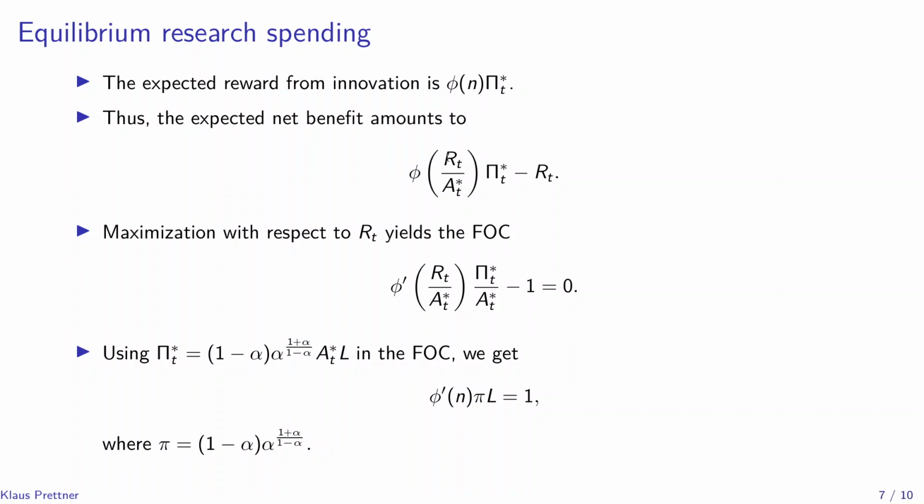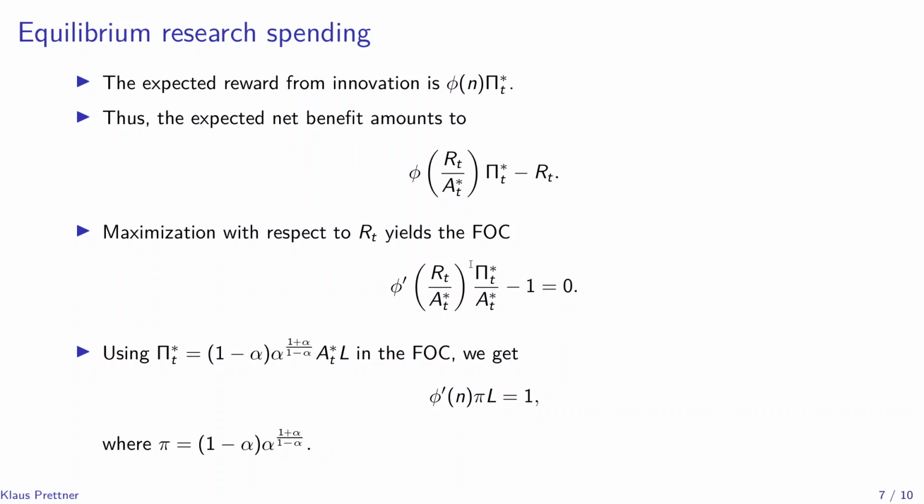So we can plug in from what we had previously. The function phi depends on the resources spent on research and development divided by A_t star, multiplied by pi_t. That's the expected reward. And the net benefit is if we subtract from this expected reward the expenditures, the resources that you invest in R&D, so minus R_t.